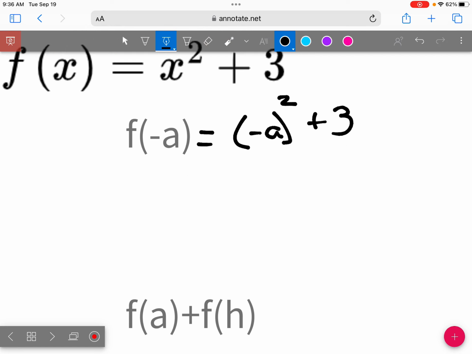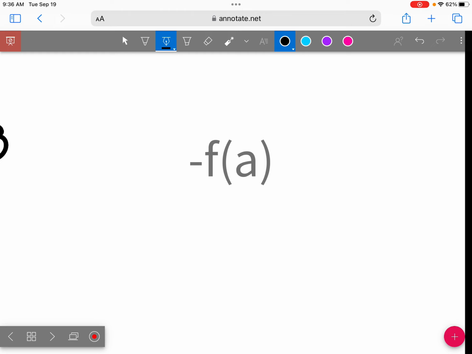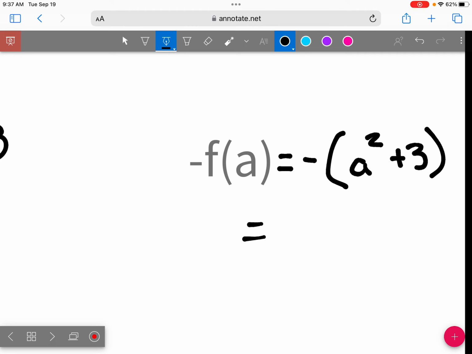What happens when we square a negative number? Stays positive. So this is still just a squared plus 3. When we have our minus f of a, we have the opposite of the whole function rule. So we have the opposite of a squared plus 3.